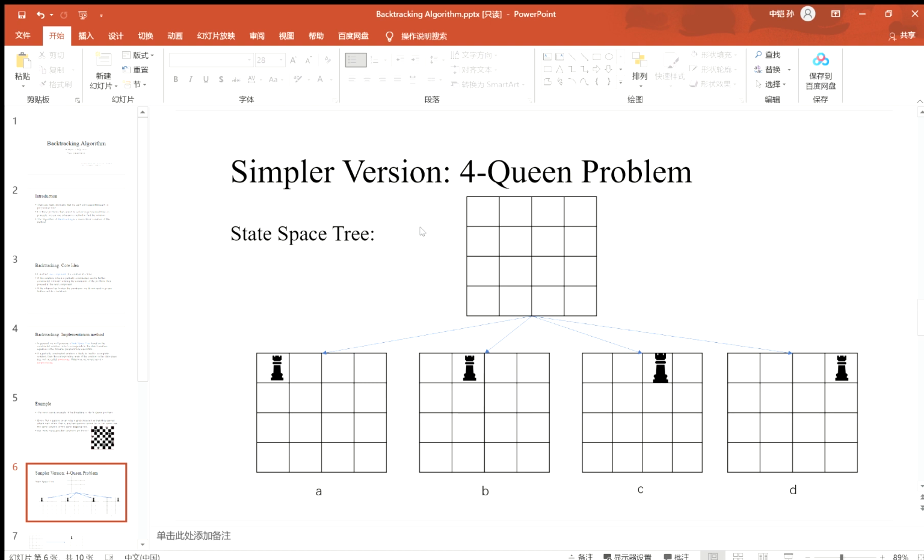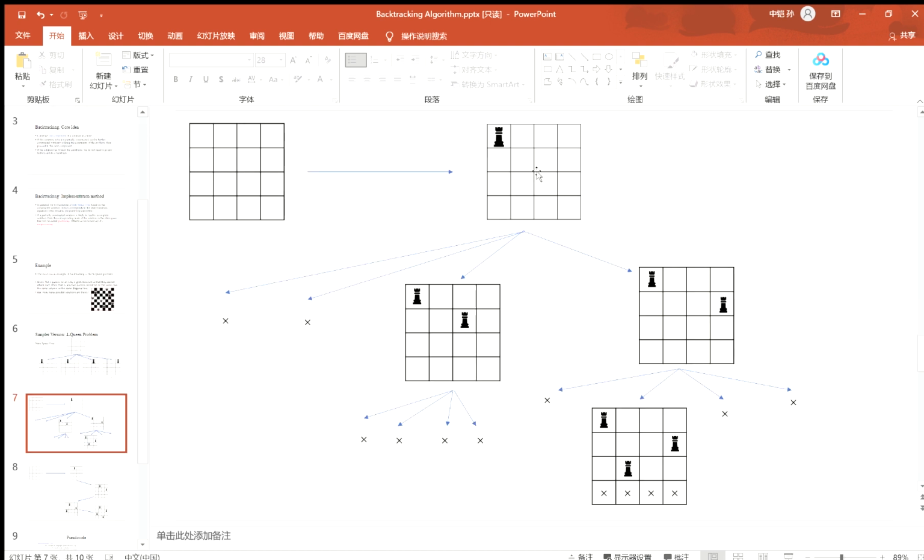To put our first queen, we will put it on the first row. And it has 4 choices, here, here, here, and here. Suppose we choose to put our first queen here and go further. The second queen is put on the second row.